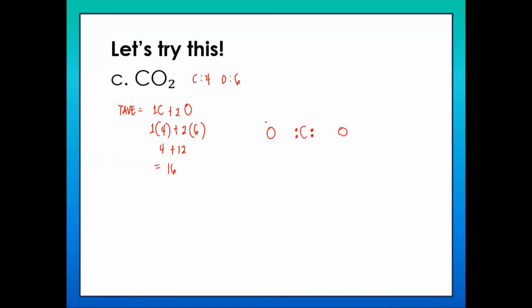Okay? So 1, 2, 3, 4, 5, 6. Same with this. Because your carbon shares 2 electrons to your oxygen in order for it to follow octet. 1, 2, 3, 4, 5, 6, 7. Octet. So what about your carbon? Does it follow octet rule na? 1, 2, 3, 4, 5, 6. Not yet.